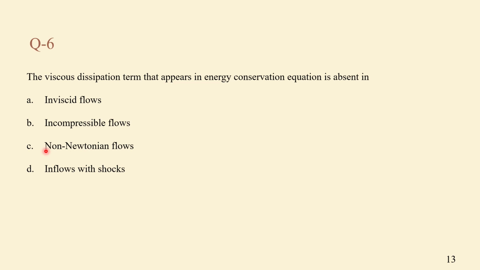And in non-Newtonian fluid flows, there are viscosity effects, and therefore the viscous dissipation term would actually come, because in non-Newtonian fluids the viscosity is varying, but it doesn't mean that the viscous dissipation effect is absent. And option D, flows with shocks, again here the viscous dissipation term needs to appear. So answer is option A.